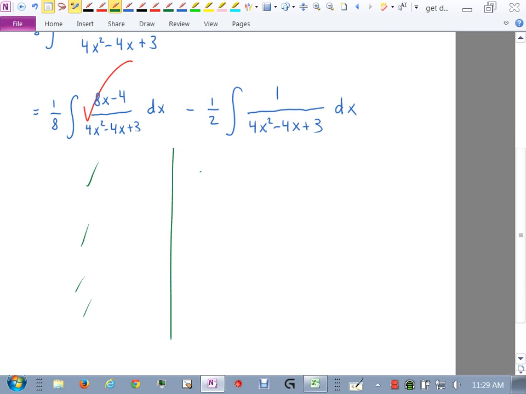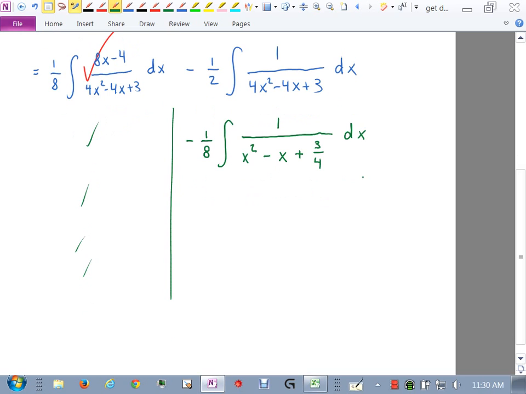We're going to worry about that later. I have negative 1/2, which is going to become a negative 1/8 integral 1 over. Now, if I factor the 4 out of the bottom, that means it's going to be x squared minus x plus 3/4 dx.